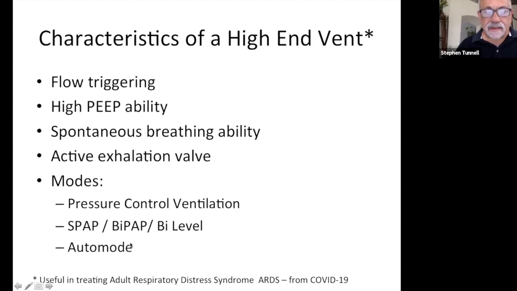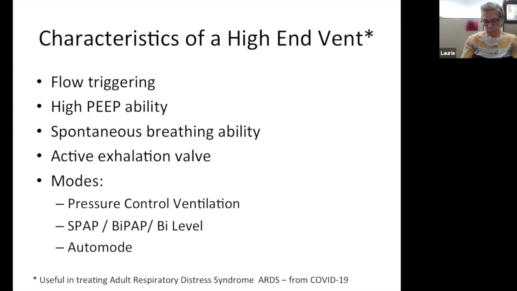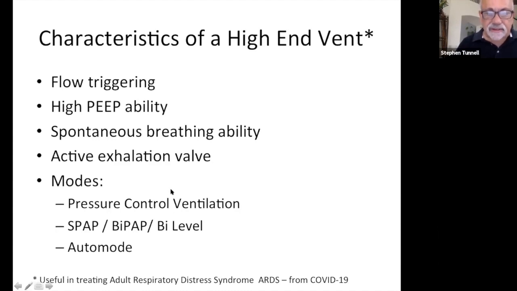Auto mode is a smart methodology that kind of lets you tell the ventilator to take care of the patient. And it does a lot of assessment and tells you when the patient's ready to be tried on spontaneous breathing trials and take the tube out, things like that. So these are some of the characteristics of high-end mechanical ventilators.